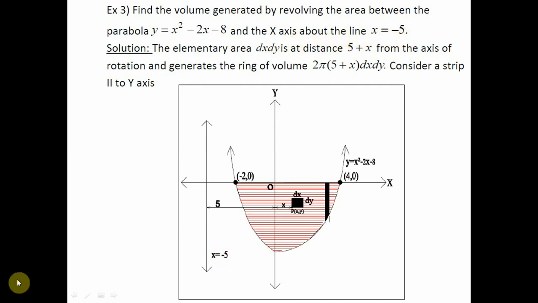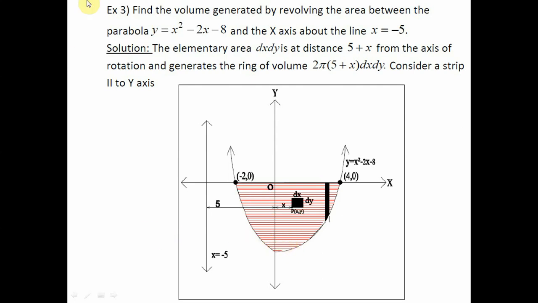Now first we sketch the parabola y is equal to x square minus 2x minus 8. So this is the parabola, which intersects the x-axis at the points (-2, 0) and (4, 0), and the area bounded by the parabola and x-axis we have shaded by the red lines.